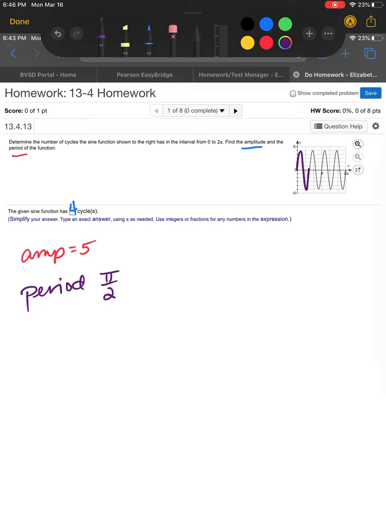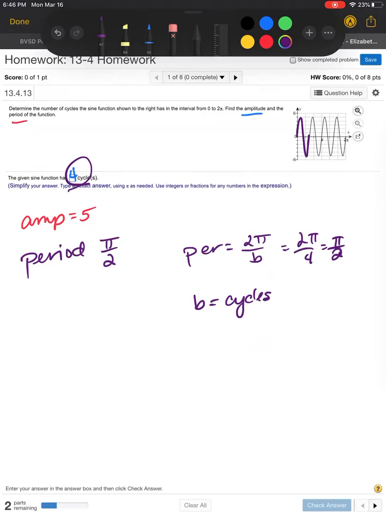Another way to do the period is to say that period equals 2 pi over b, where b equals our cycles. We said our cycles were equal to 4, so that's 2 pi over 4, which also simplifies to pi over 2. So that would be our period for problem number 1.